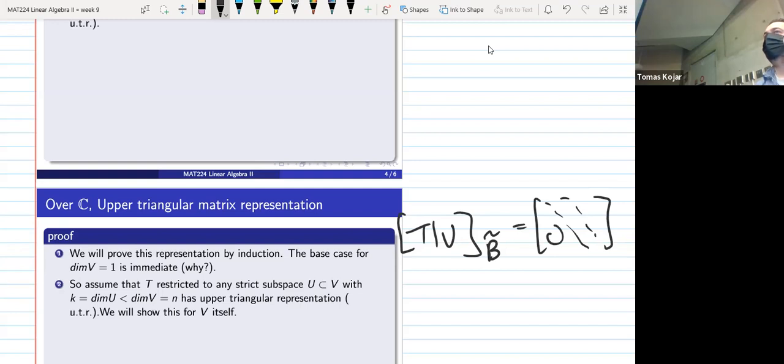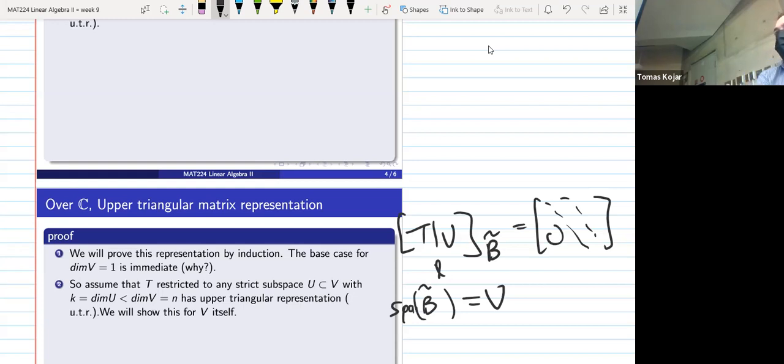And B tilde is a basis for U, so the span of B tilde is U. That's our inductive hypothesis.